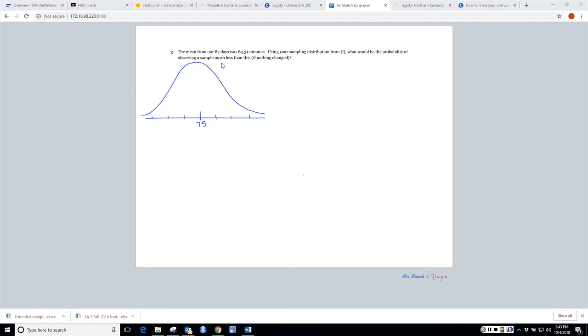So I've got to make sure I'm using the standard deviation of the mean. So our standard deviation here was the 5.146. So that's going to be my size of each of these pieces. And then just doing my math here.